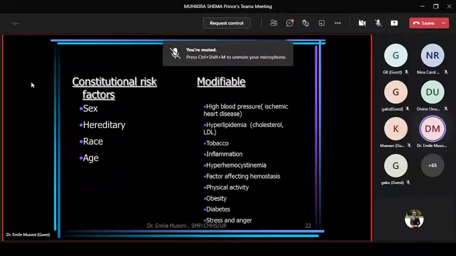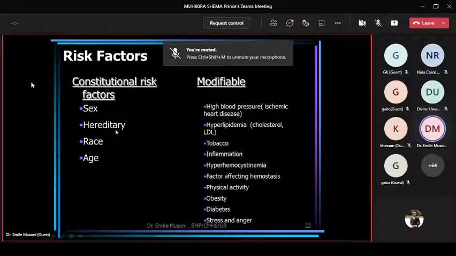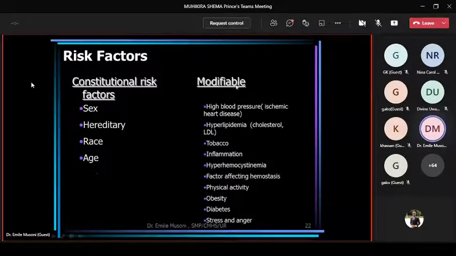Some risk factors are constitutional, like sex, heredity, race, and age.